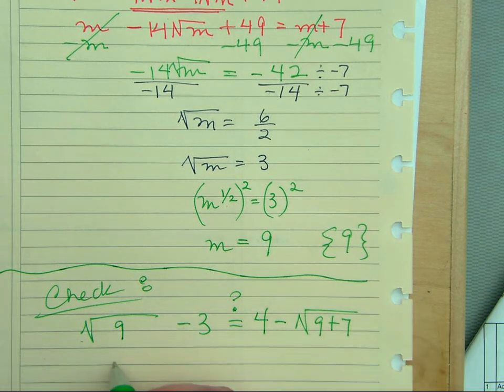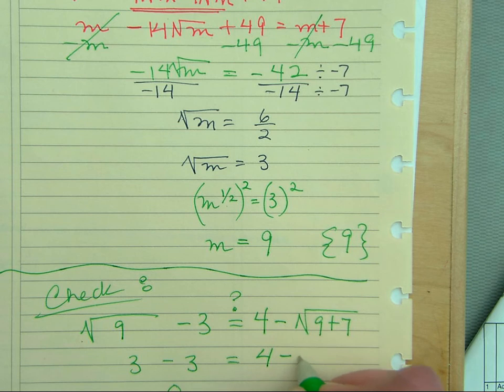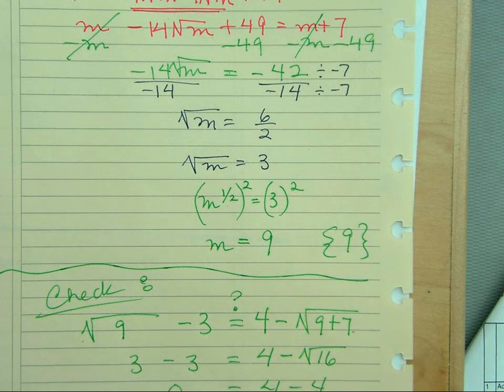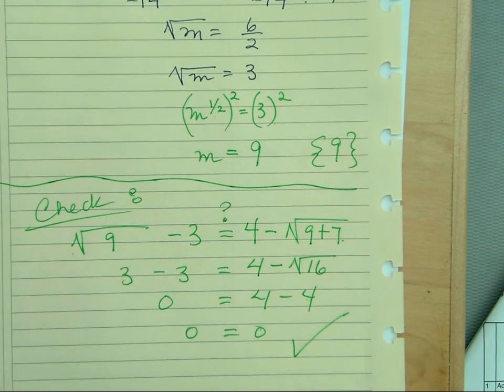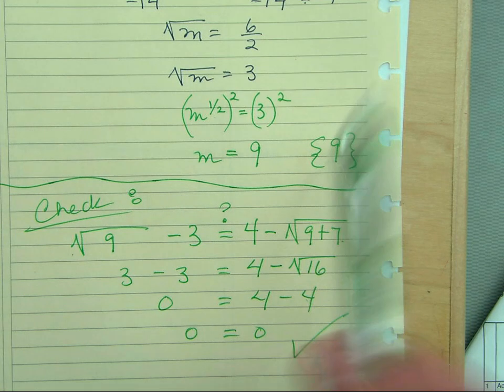Here we get 3 minus 3 on that side, which is 0. Then we have 4 minus the square root of 16, and conveniently, 4 minus 4 is also 0. 0 equals 0, and that's correct. Since the check worked out, I can be confident that my answer worked.